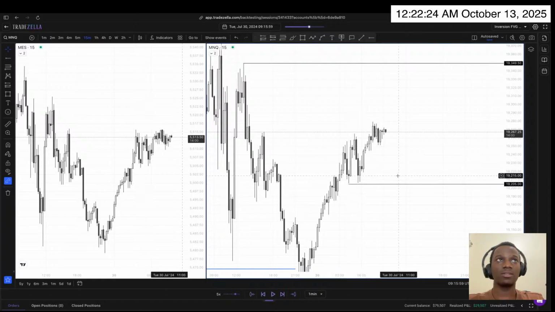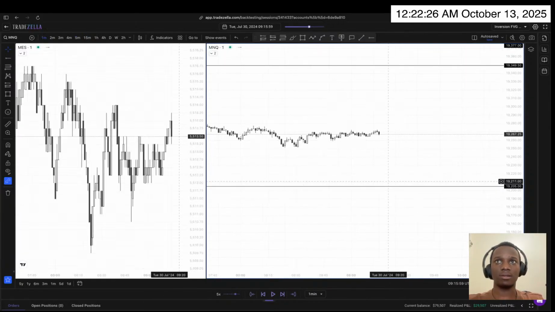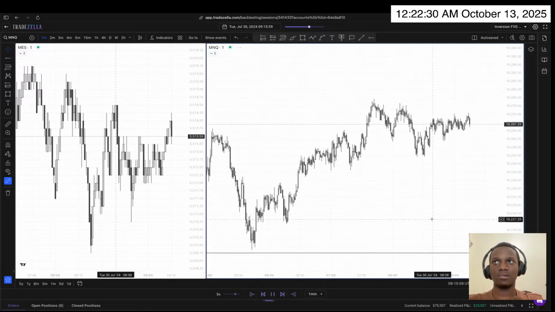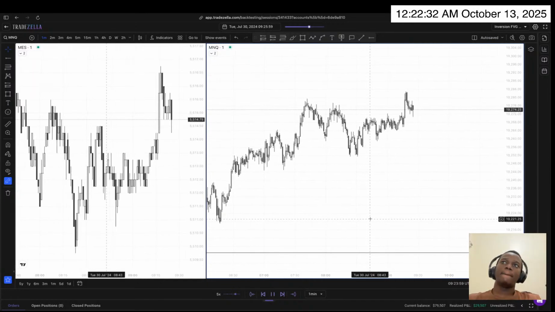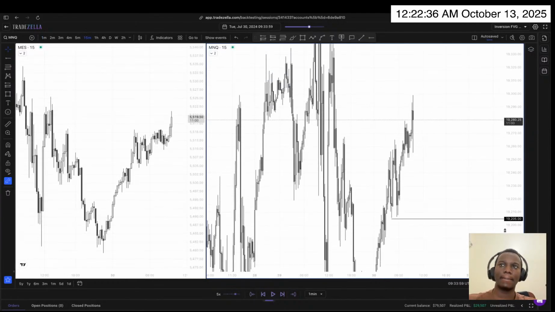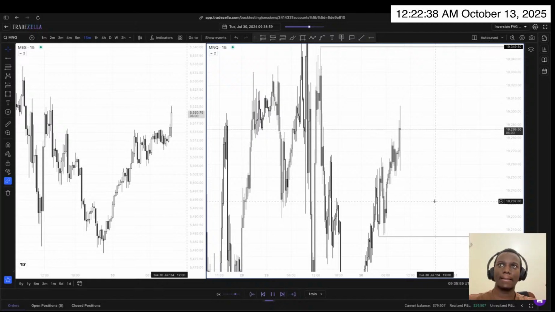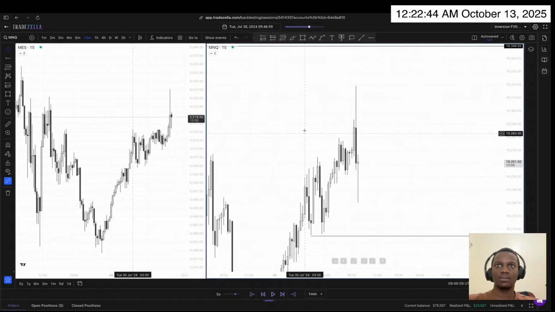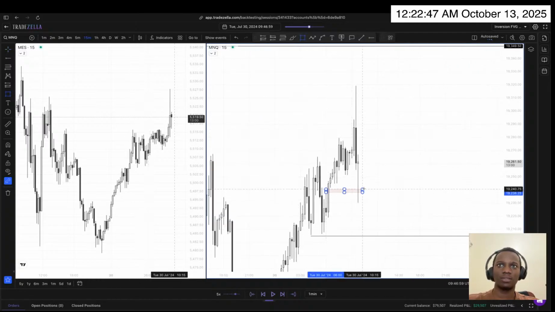The minutes now looking real crazy. A small 15-minute gap retracement right there.